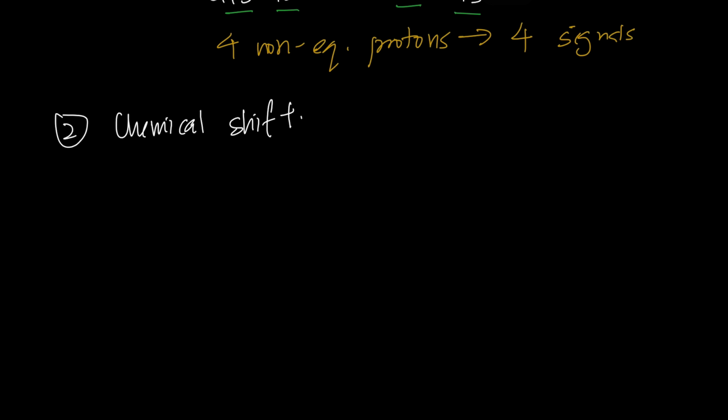Because now we are focusing on proton NMR, the signals normally spread from 0 to around 10 ppm. Sometimes you see some signals at 11 or slightly more than 11 ppm, but this is the normal range of chemical shift values that you can find for proton NMR.